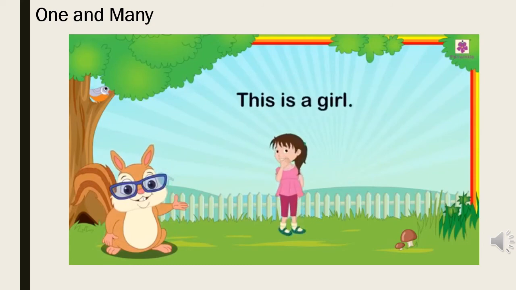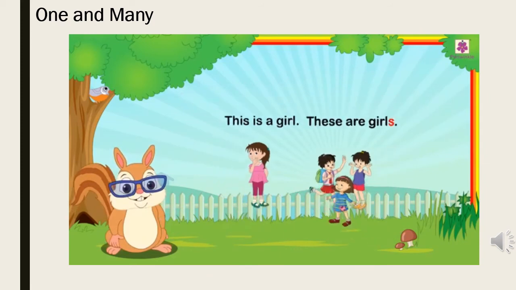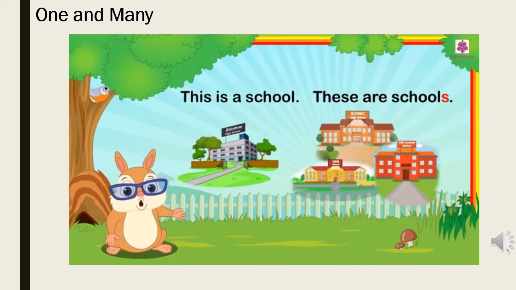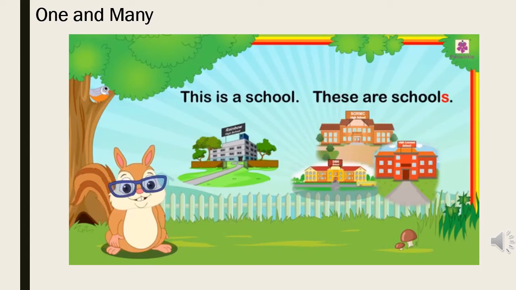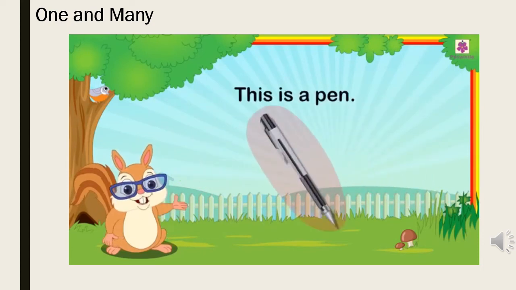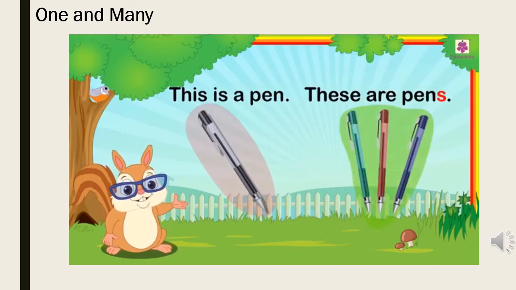This is a girl. These are girls. This is a school. These are schools. This is a pen. These are pens.